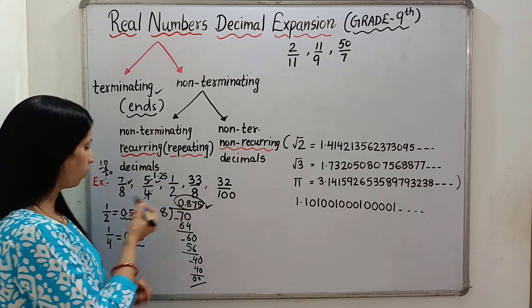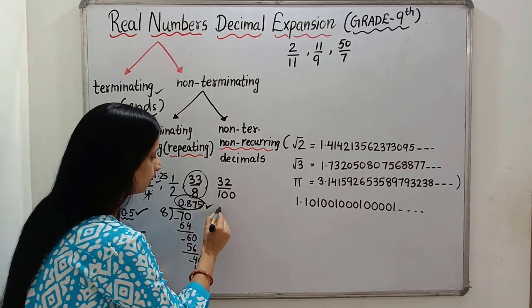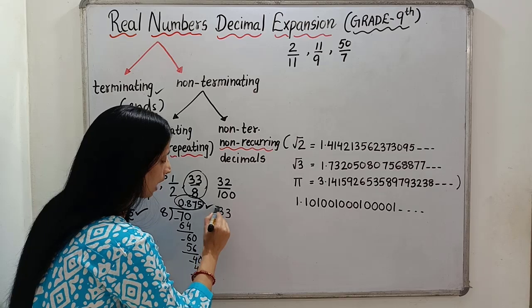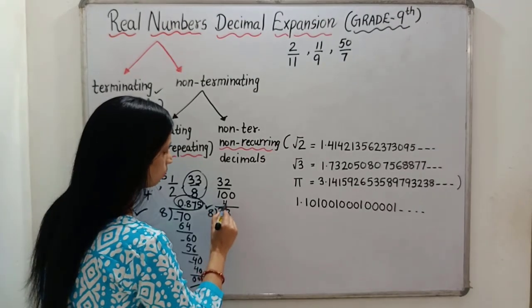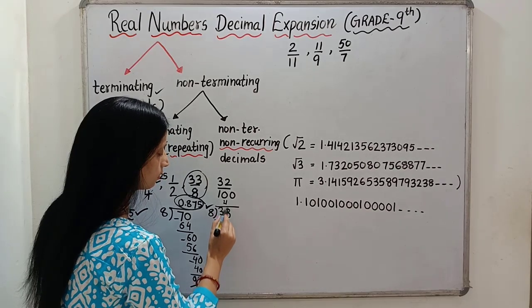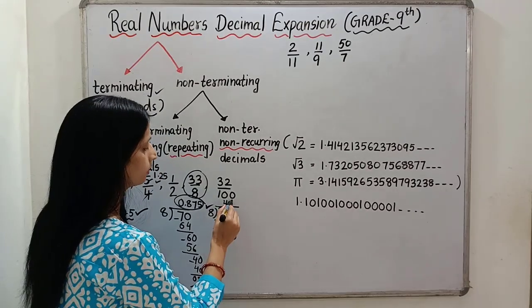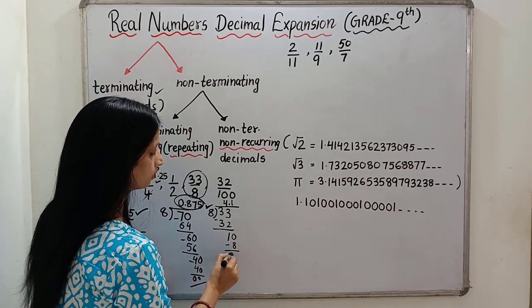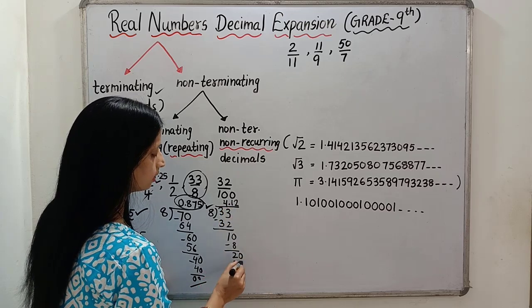1 by 2 we already did, 0.5. Let's do this one, 33 upon 8. Here we have to divide 33 by 8. So 8 4s are 32. 3 minus 2 is 1. We can put the decimal and we can put 0. 8 ones are 8. This is 2. So we can again put 0. 8 2s are 16.